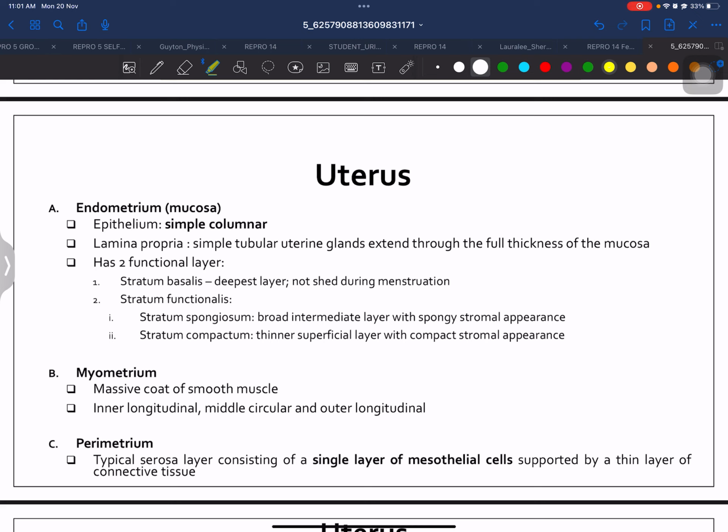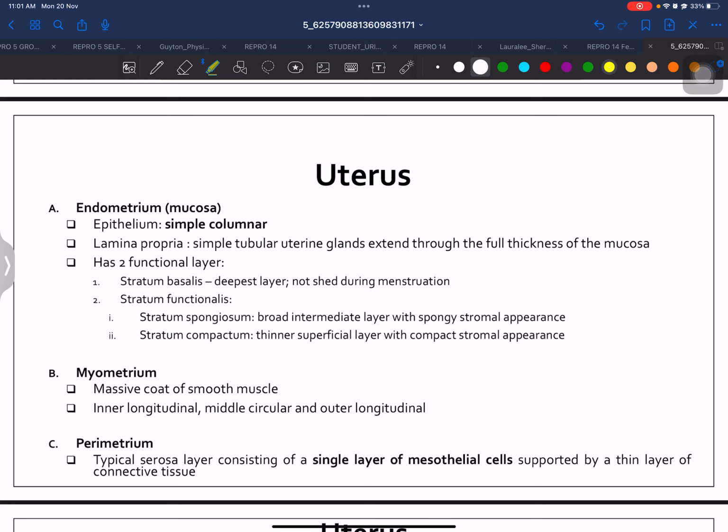So from inner to outermost, kita ada stratum compactum, stratum spongiosum, baru stratum basalis. So stratum spongiosum and compactum is the functionalis which is shed during menstruation.